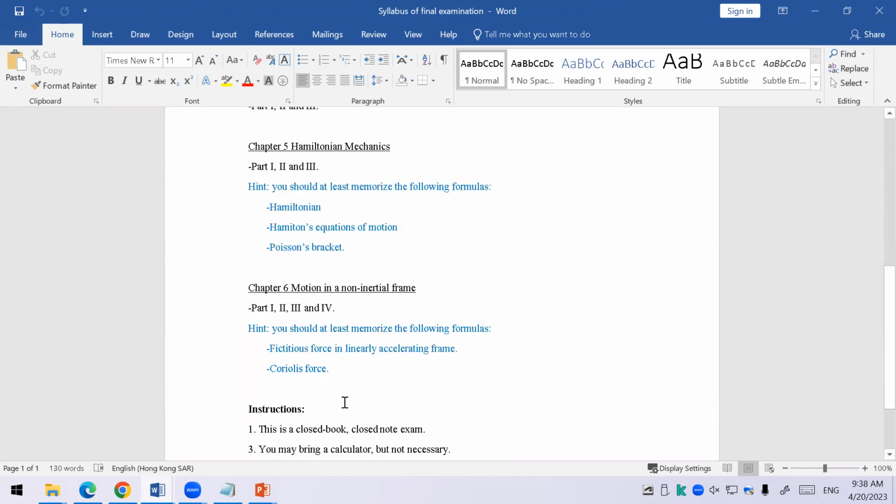And again, hints: you need to at least know how to write down the fictitious force in linearly accelerating frames. As for the rotating frame, you have to know how to find the Coriolis force. Memorize these formulas.